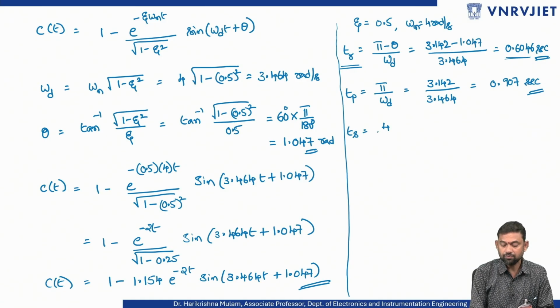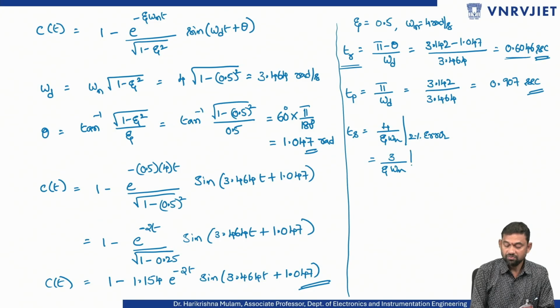Next, settling time. Settling time is given by 4 by zeta omega n if the steady state error is considered to be 2%, and this is given as 3 by zeta omega n if the steady state error is considered to be 5%. Therefore, 4 by zeta is 0.5 and omega n is 4, which comes around 2 seconds.